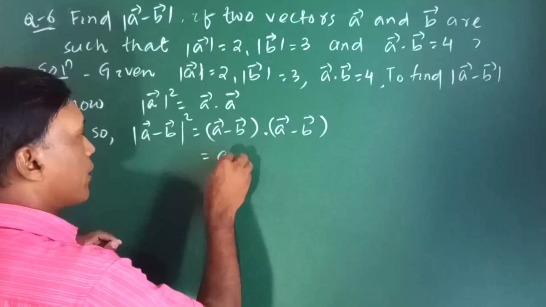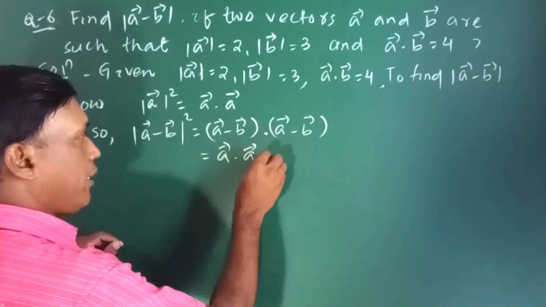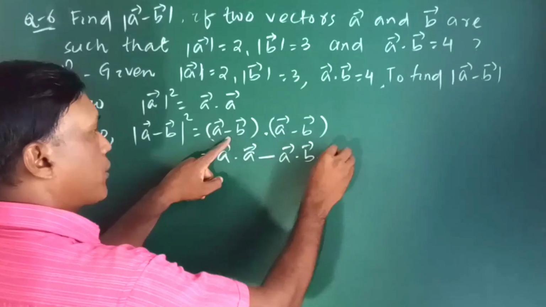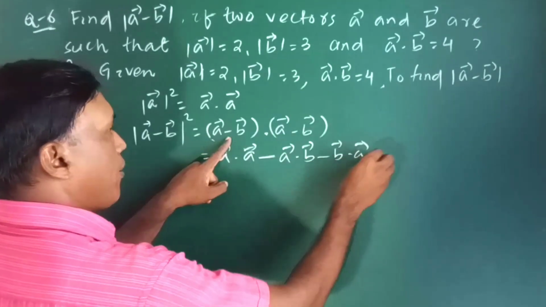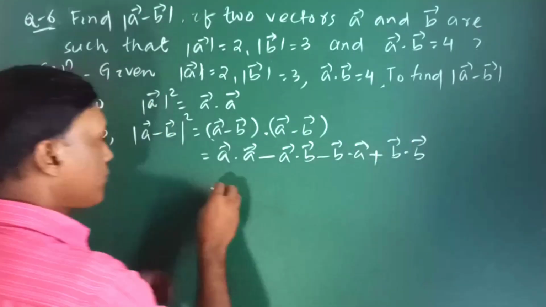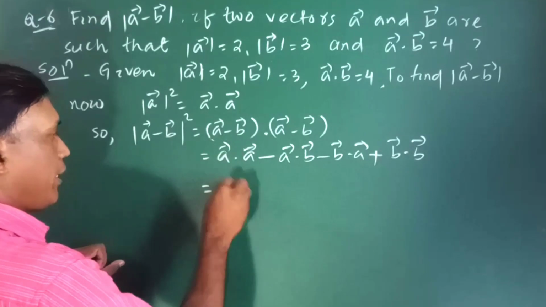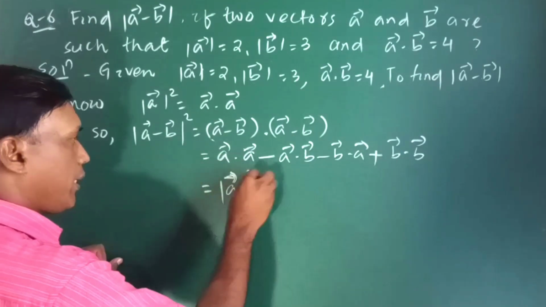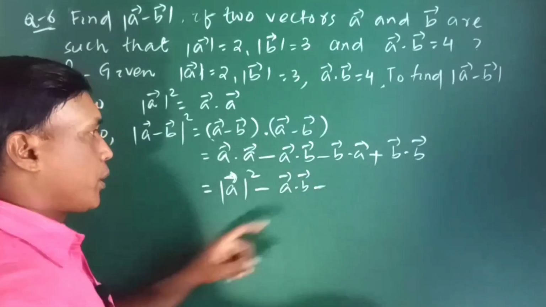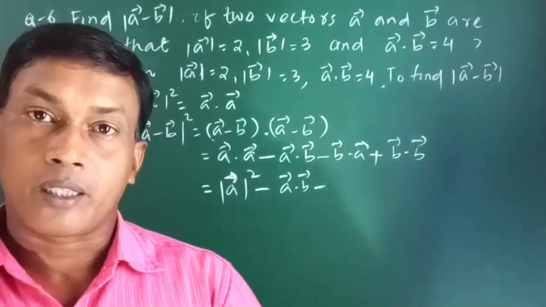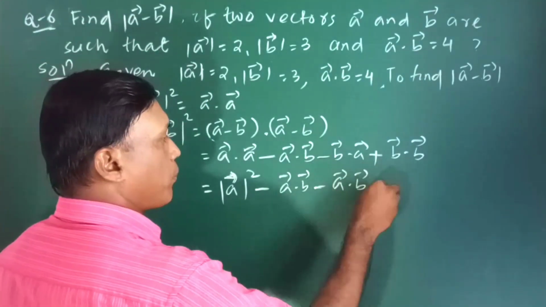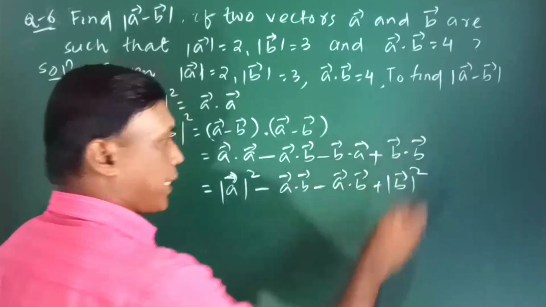We get A dot A minus A dot B minus B dot A, and minus minus plus is B dot B. A dot A is the square of magnitude of A, minus A dot B, minus B dot A is A dot B because the dot product is commutative, plus B dot B, the square of magnitude of B.